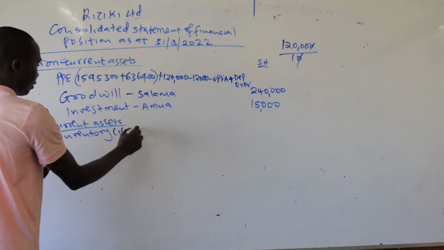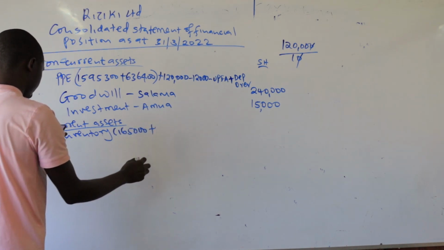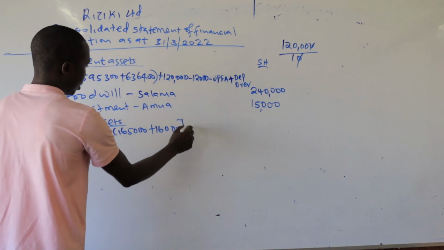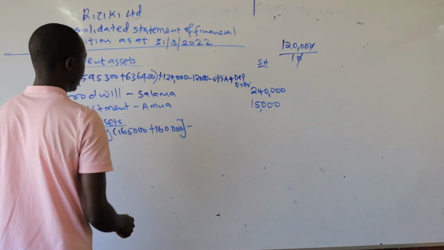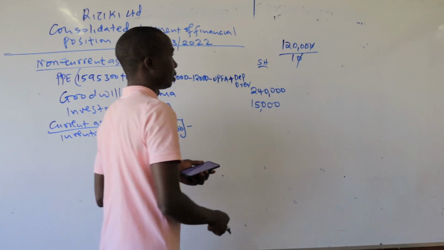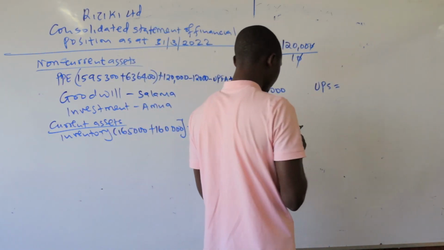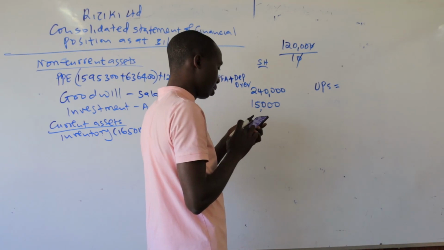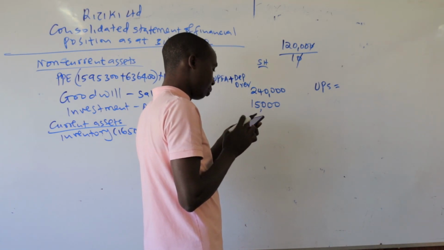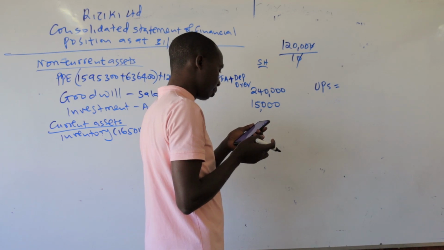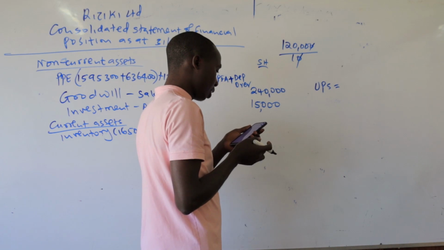So 165,000 plus the 160 for the subsidiary. We minus the UPS. We add the goods in transit. So UPS is all about unsold goods, of which if you go to additional information number 3, the unsold goods there was 34.